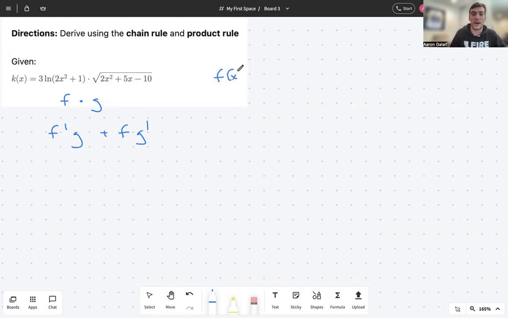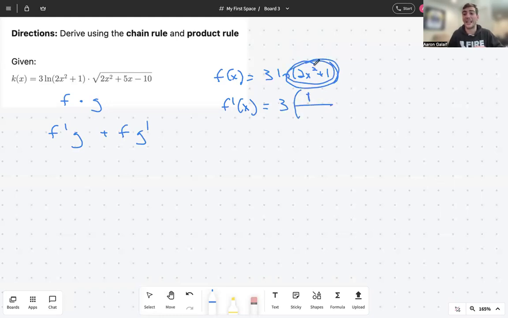So I'm going to write f of x is 3 ln (2x squared plus 1). Now I want the f prime of x. Well, we know our coefficient stays on the outside. The derivative of ln is 1 over, so we'll put a parentheses, 1 over whatever that ln is of. And if it's a chain rule, we don't touch the inside.